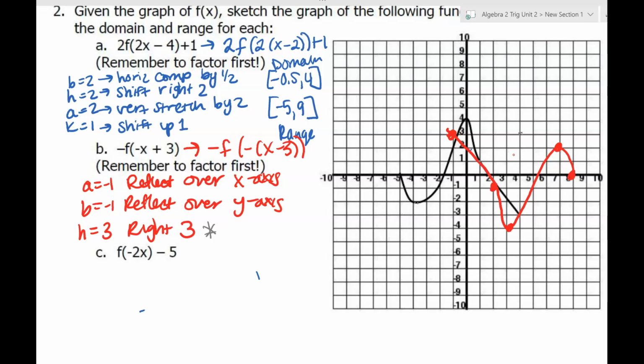So then we have this final graph, and we can list its domain and range. So the domain for this graph, the x values go from -1 at this point to 8, and the range goes from -4 up to +3.